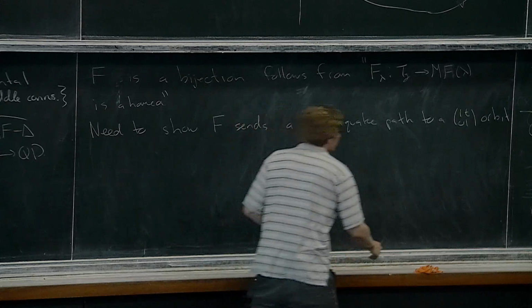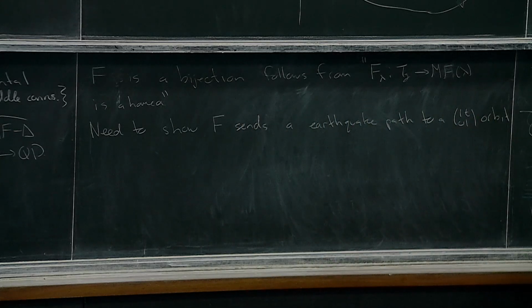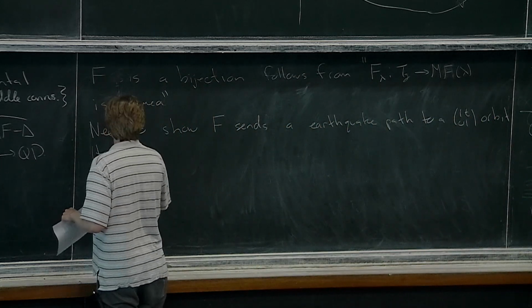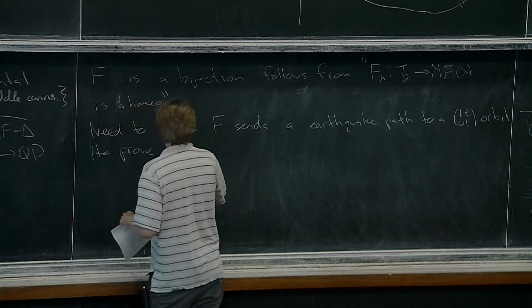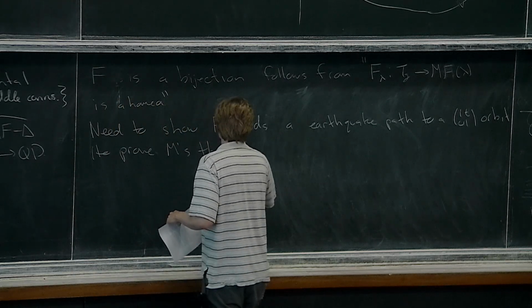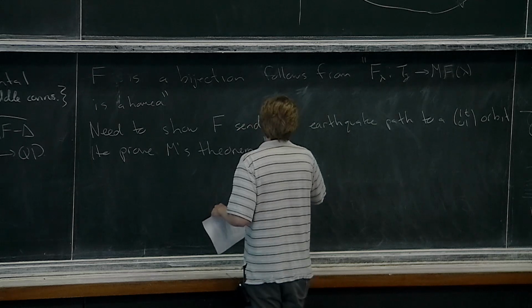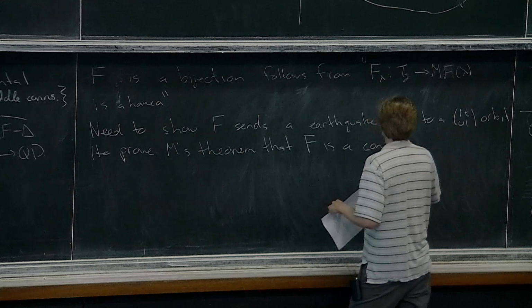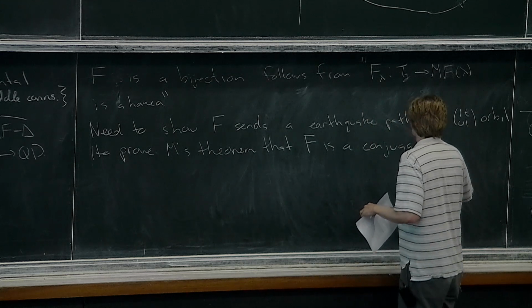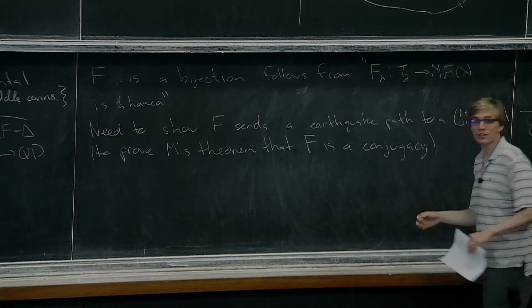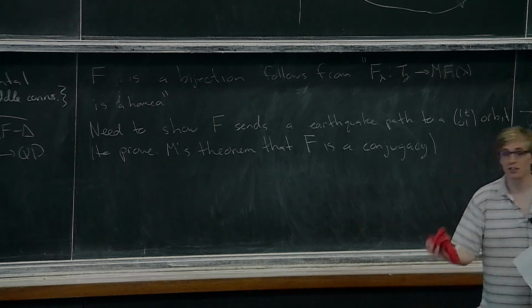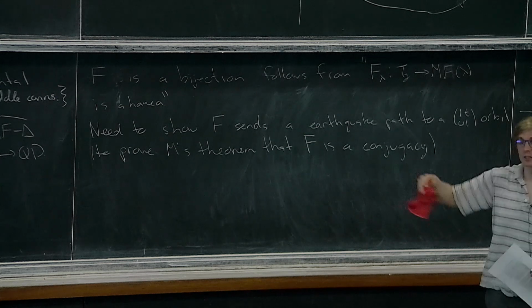So that's all I need to show, to prove Mirzakhani's theorem, that F is a conjugacy, or that F conjugates earthquake flow to horocycle flow. So I already know that F is a bijection. I just need to show that it maps earthquake to horocycle.